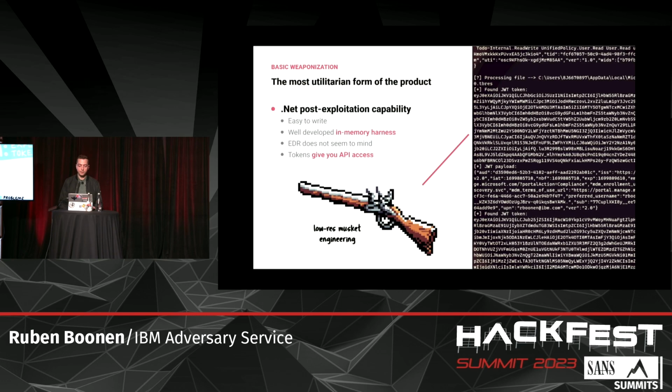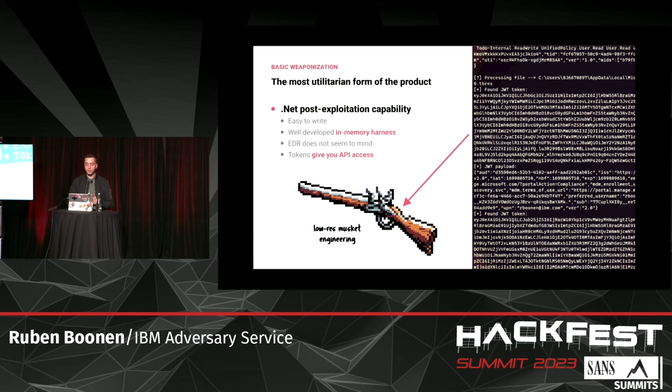Then I made the most primitive version of this product, which you can see on the right. I loop through that directory, read the files, find the encrypted content, decrypt it, search for the JWTs, and print them out.